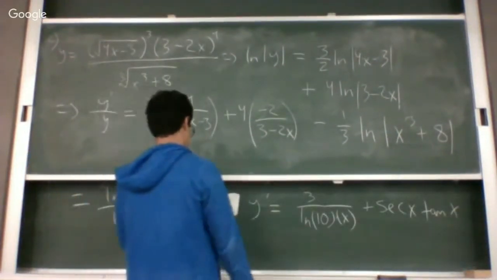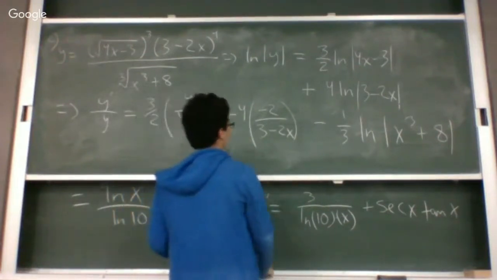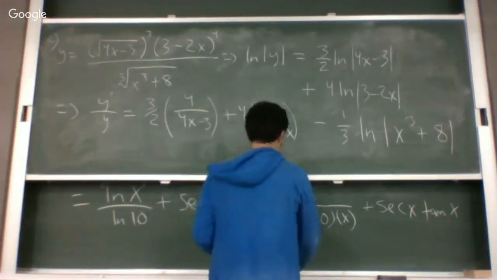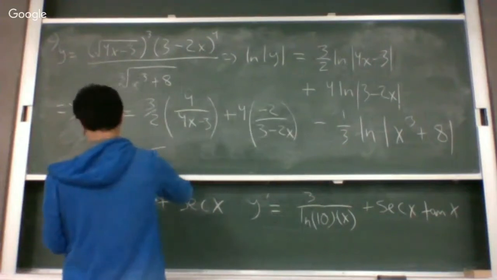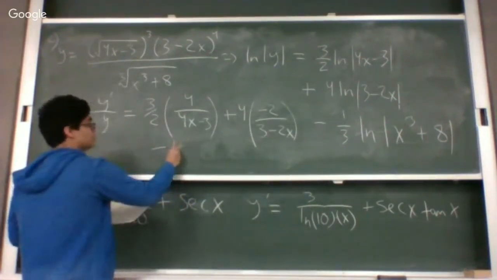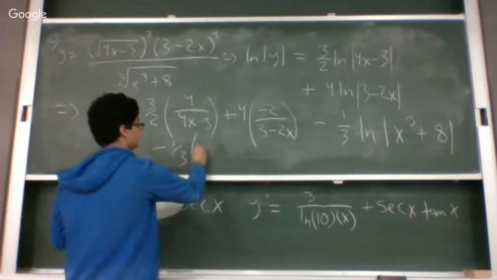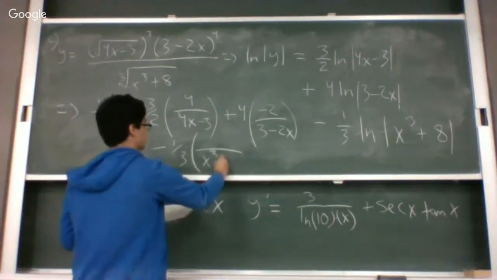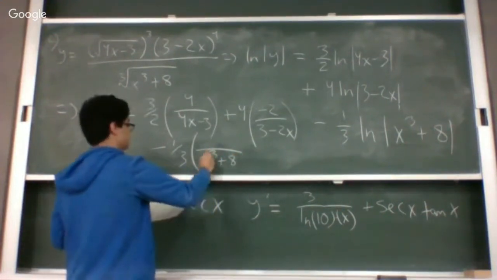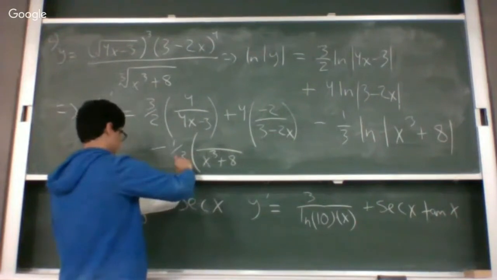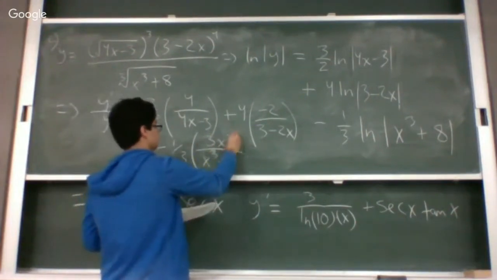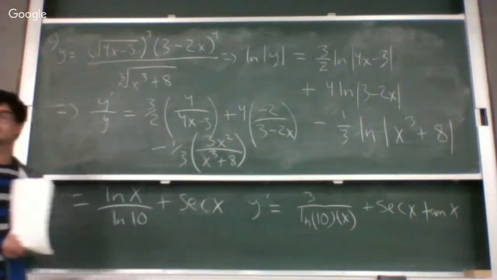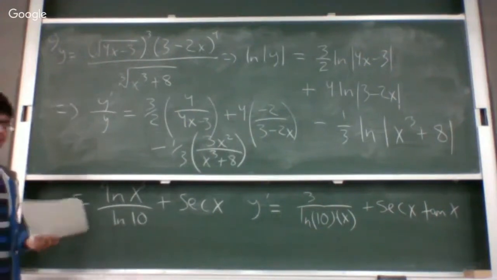Minus 1/3. Denominator is x cubed plus 8. Derivative of that is 3x squared. Okay.